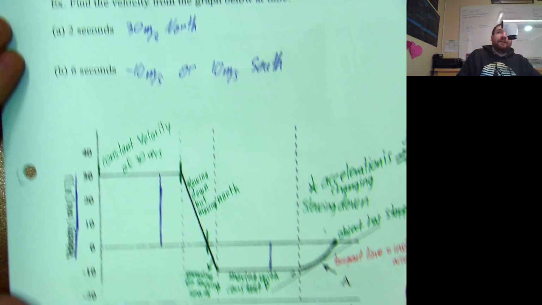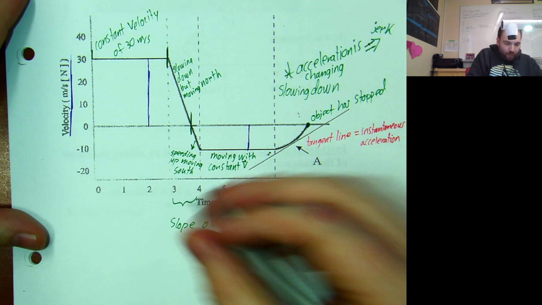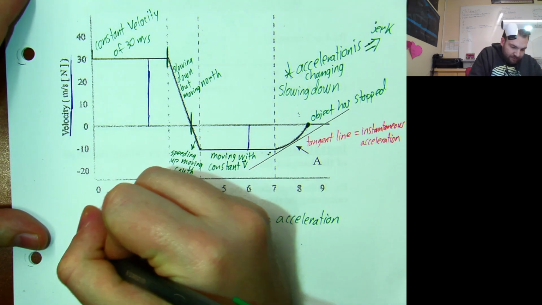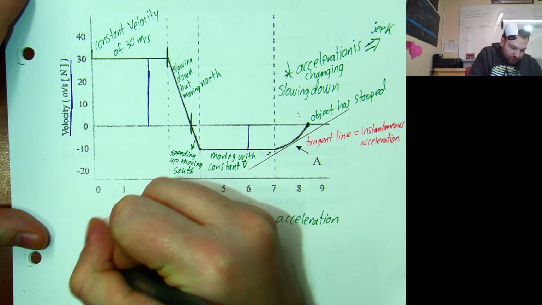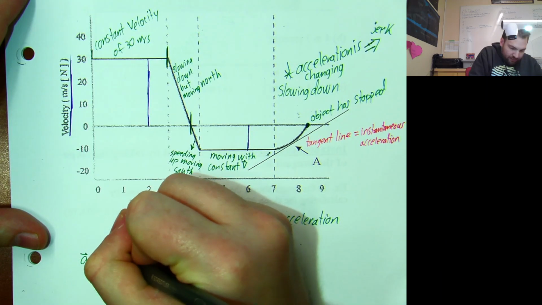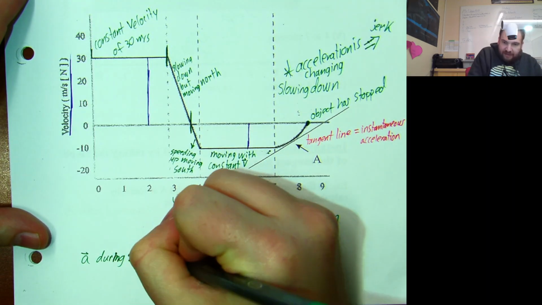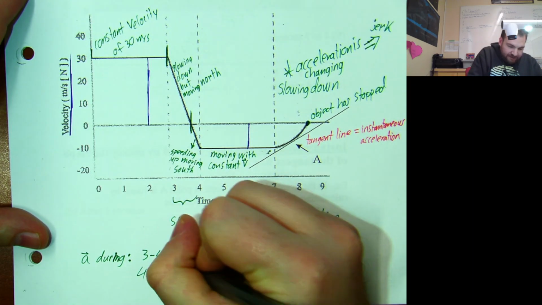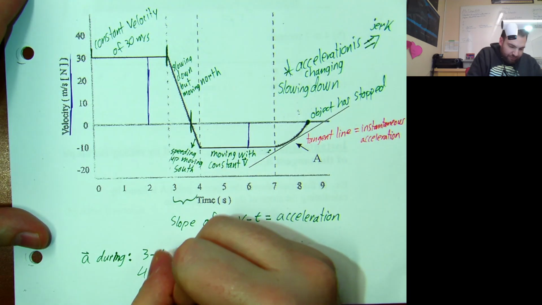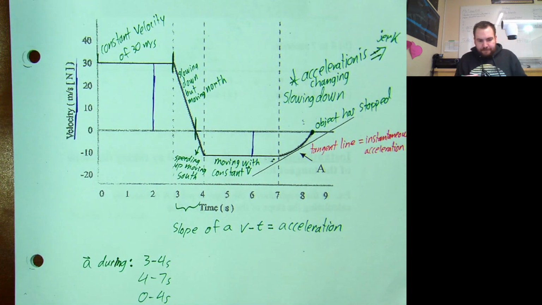We want A, the acceleration during the following times: 3 to 4 seconds, 4 to 7 seconds, and 0 to 4 seconds. Okay, so those are the time frames we want to deal with.